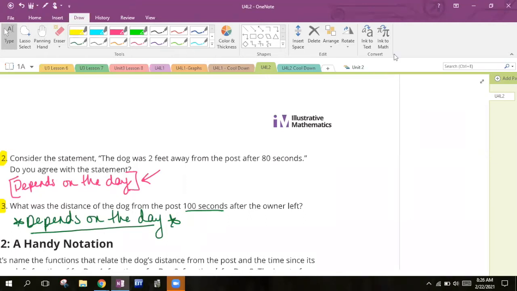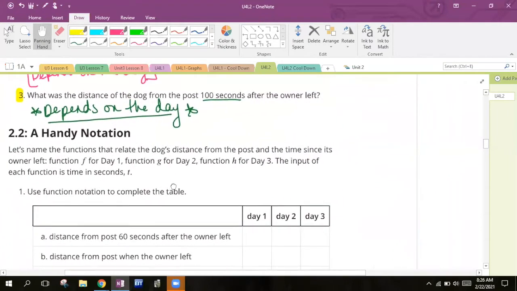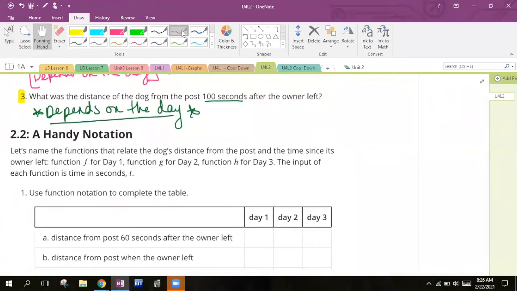That brings us into this next activity right here, 2.2. A handy notation. Okay, so when we're talking about renaming these graphs without the wordy descriptions, when we're naming these graphs, we're calling it function notation. Write that down.